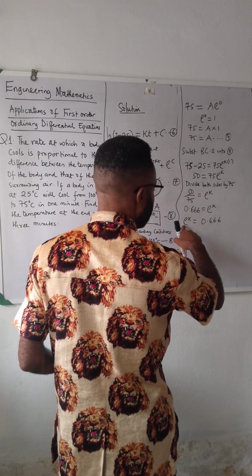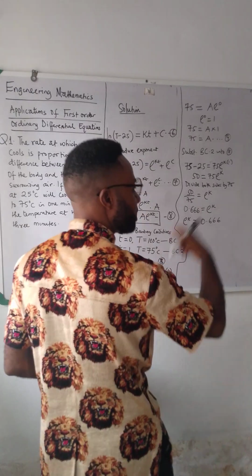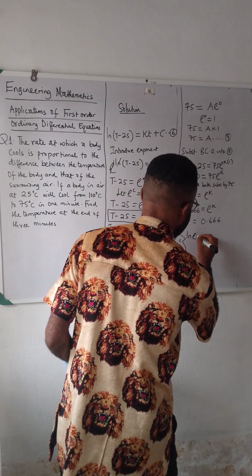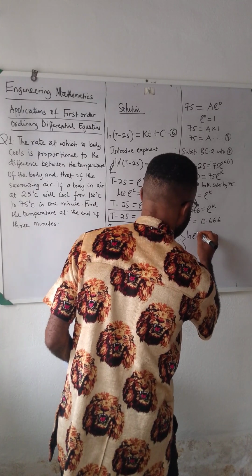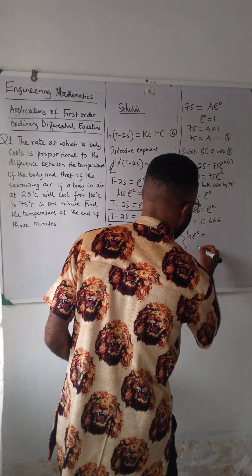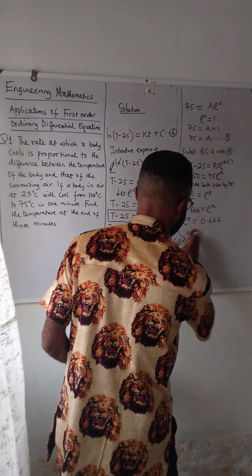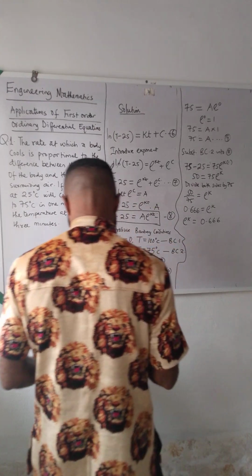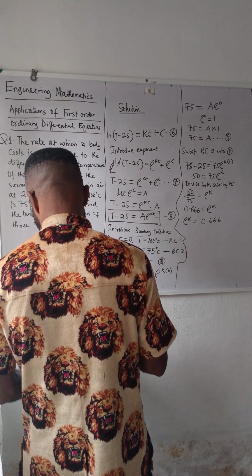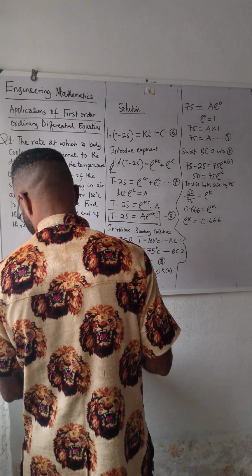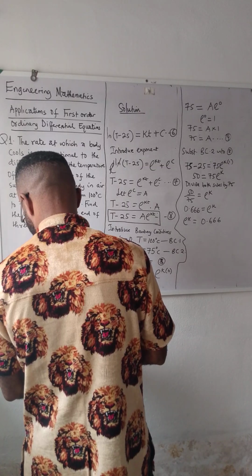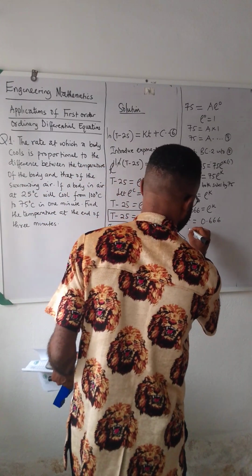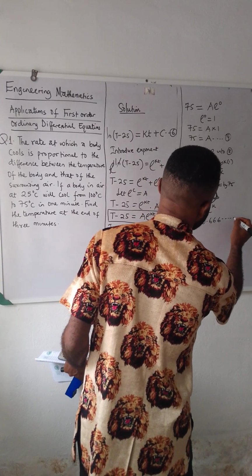So in order to eliminate the exponent, we introduce what? ln. Let's call this equation 10.